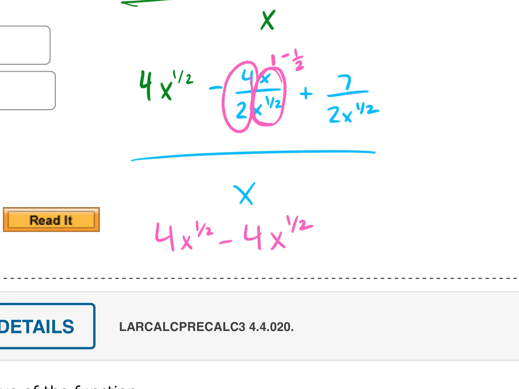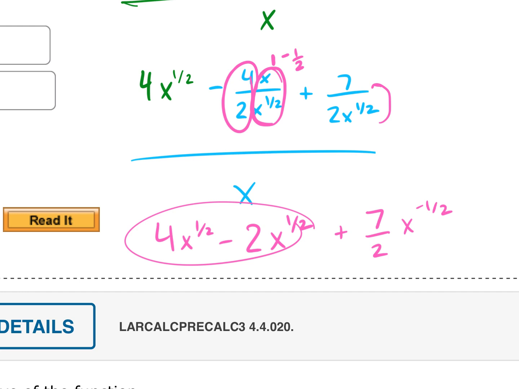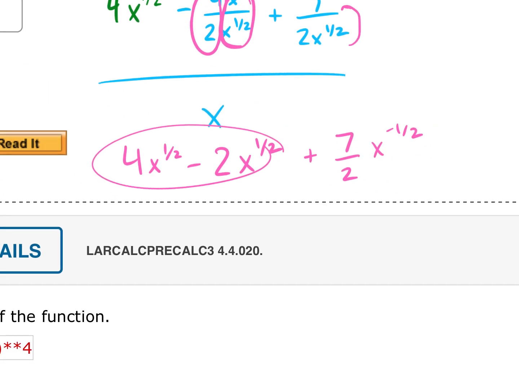Then when we divide it by 2, it should be 2. And then here, I'm going to move it to the top also just to make it a little bit easier. This would be 7/2 x to the power of negative 1/2. We can combine our like terms, and then when we divide everything by x, I'll work it out.